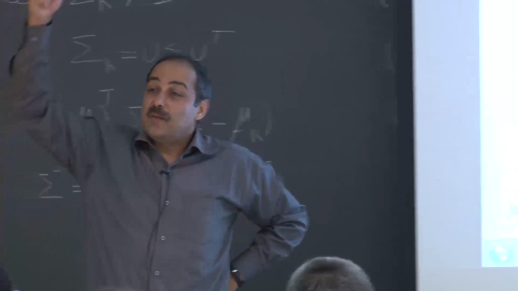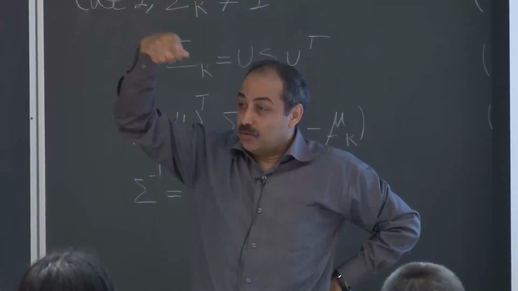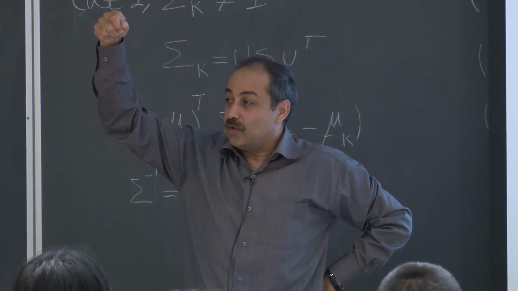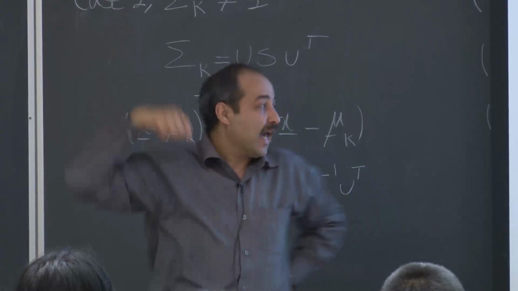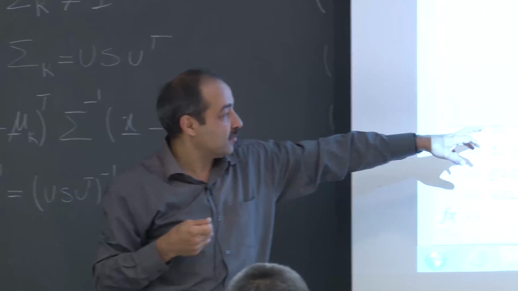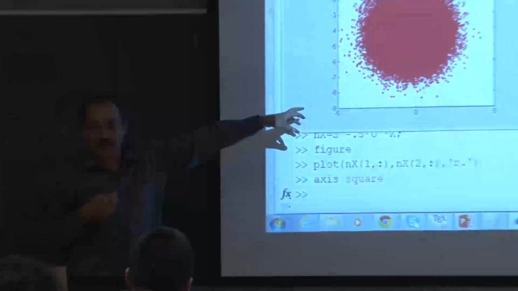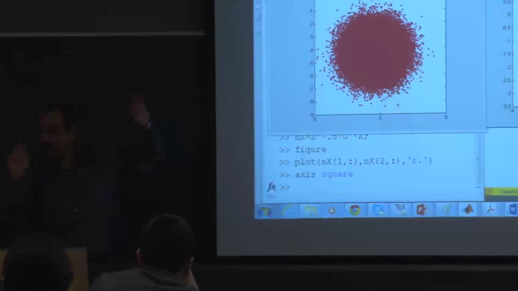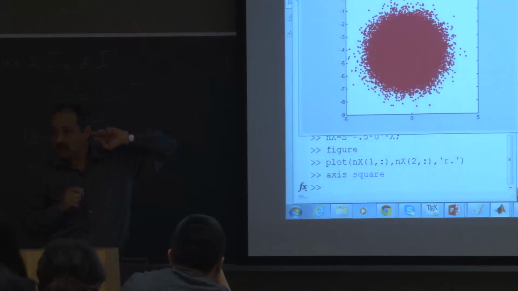You give me a new data point, and I want to decide which class it belongs to. I have a transformation, which is S to the power of -½ U transpose. I apply this to my new data point.